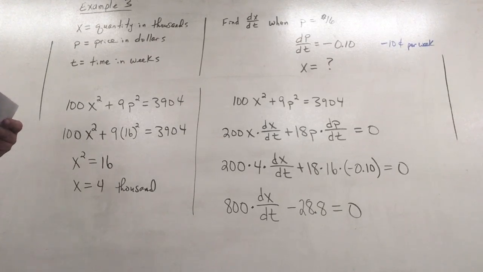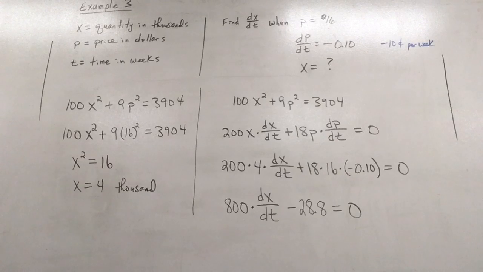So it's asking how fast is something changing? So we know there's going to be a derivative involved. How fast is the quantity demanded increasing when the unit price per headphone is $16 and the price is dropping, which means decreasing, at a rate of 10 cents per headphone per week?